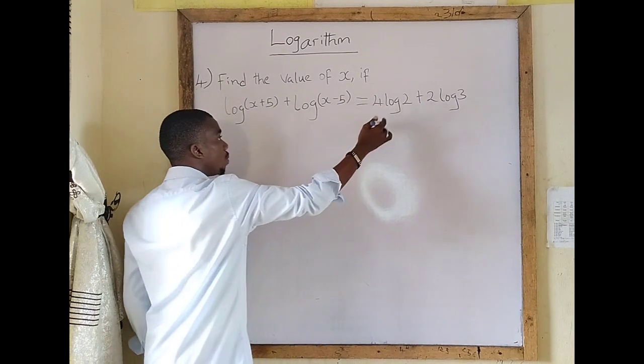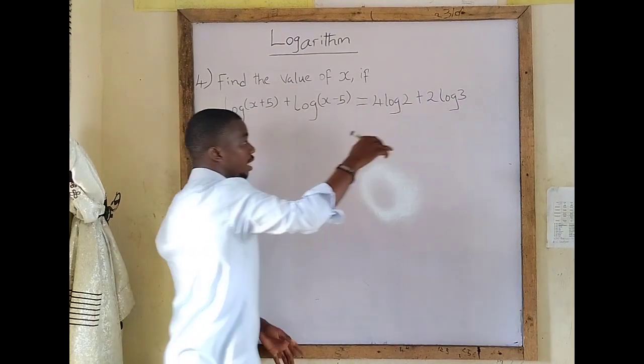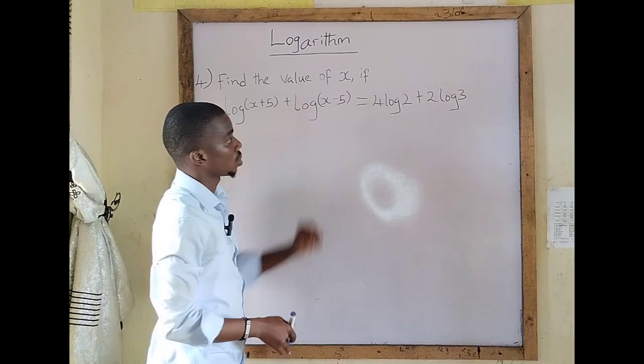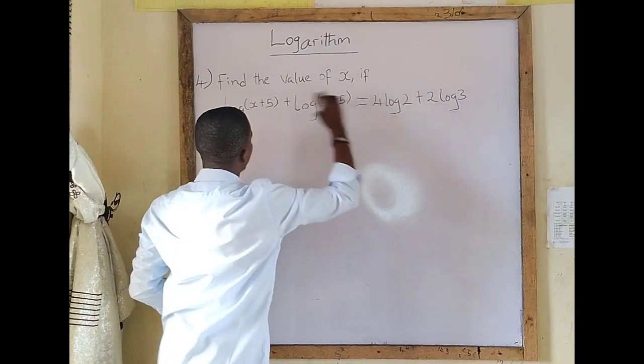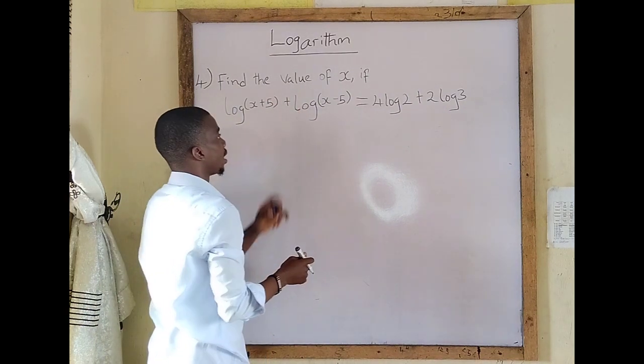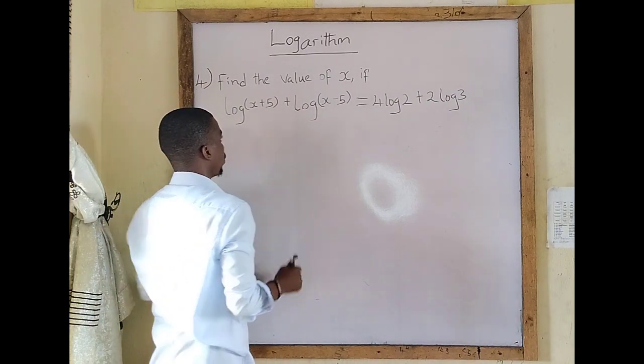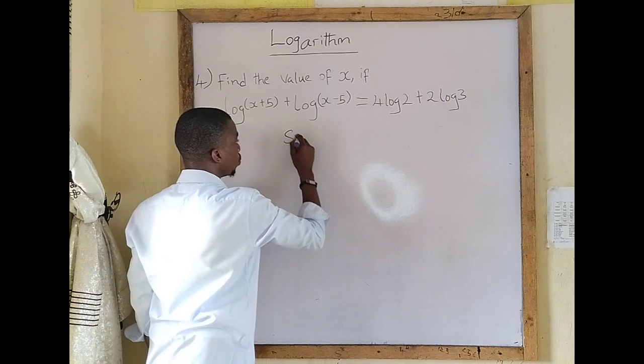They are numbers used in multiplying the logs. But now we have to put them in the same form with what is on the left hand side so that we can proceed solving. That is what we are going to do next.